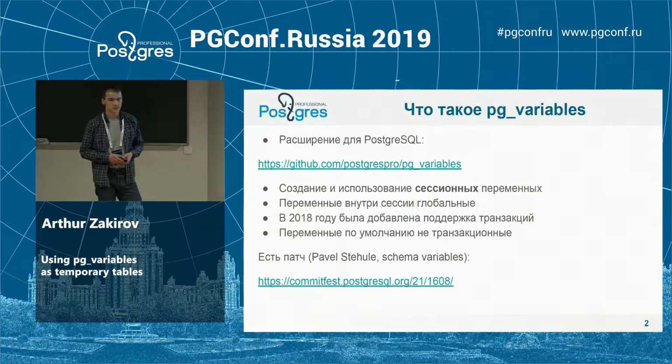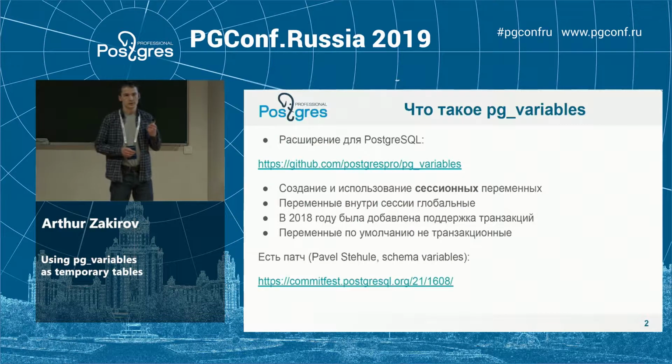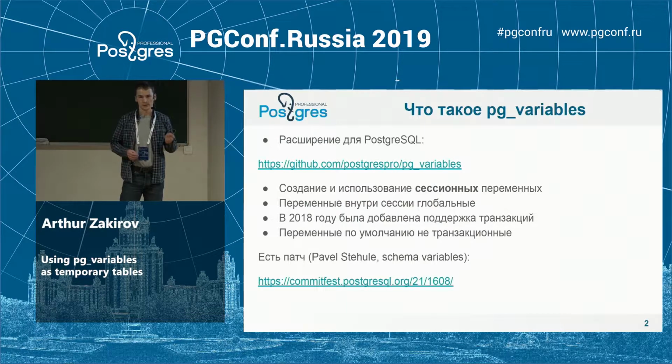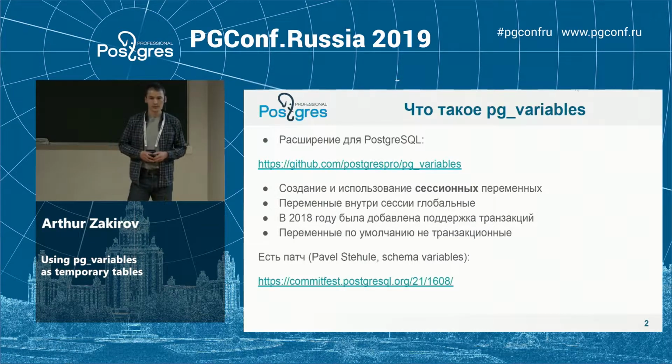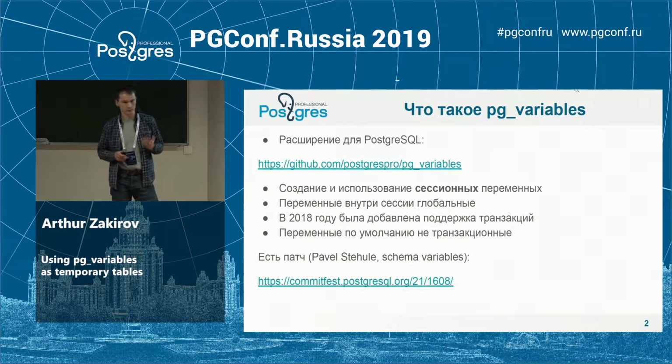The variables are also global. That means that you can see them in all transactions and in all functions during one session. Until recently, they were not transactional. We now have transactionality, and we can roll back variables.